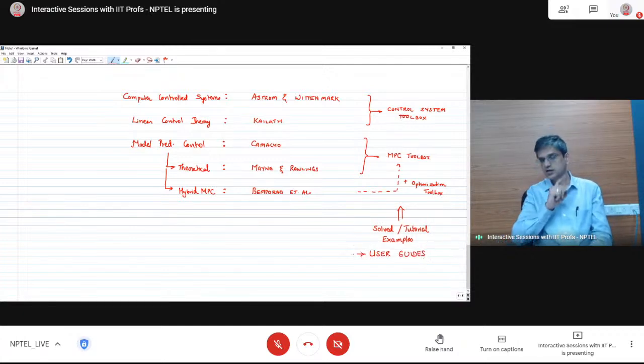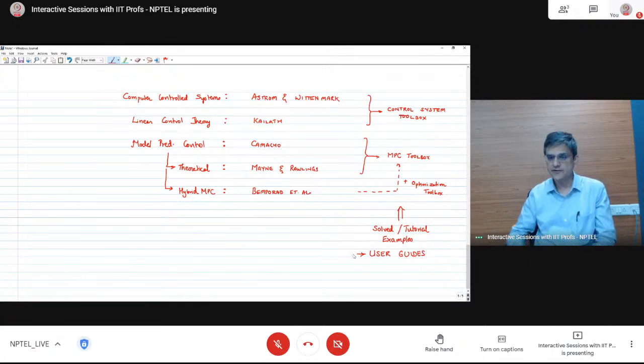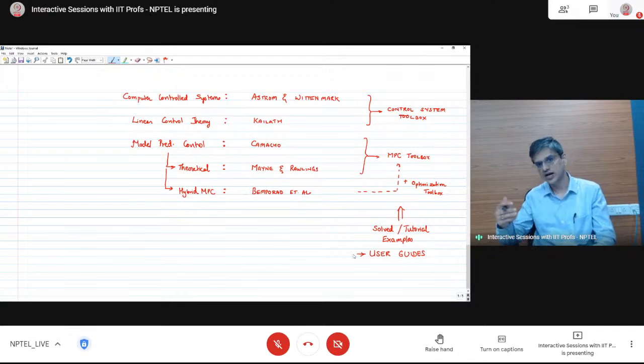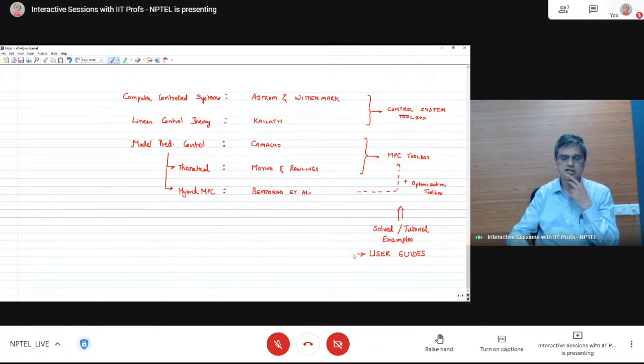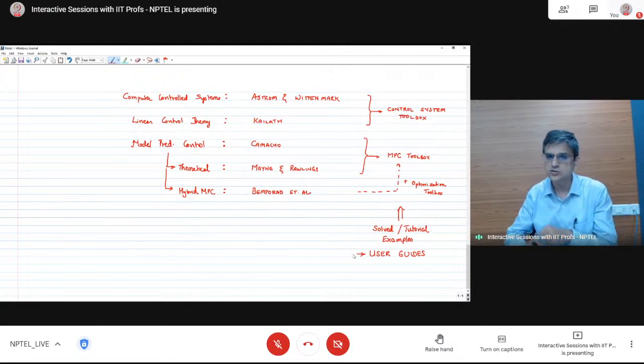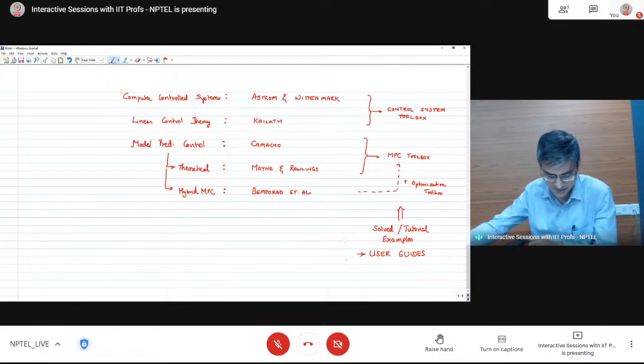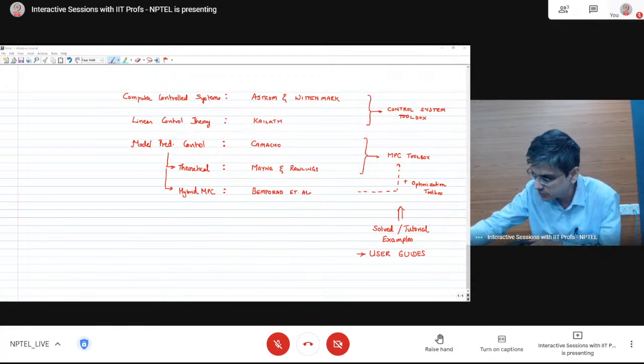In fact, in week number 11, I'm going to take one example from MATLAB's user guide itself, and I will go over that particular example so that you can then look at the user guide and expand beyond what I have discussed in week number 11. These user guides are very useful places to learn how to do MATLAB based implementation. So hopefully this answered your question. I'm not fully sure if that was essentially what your question was.